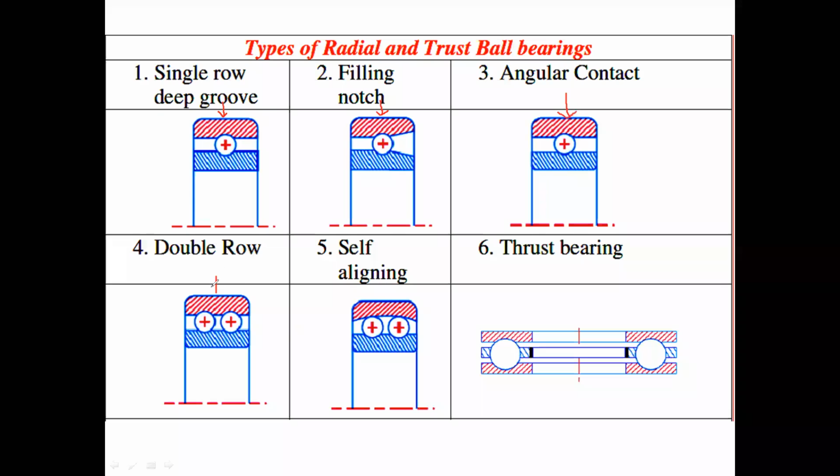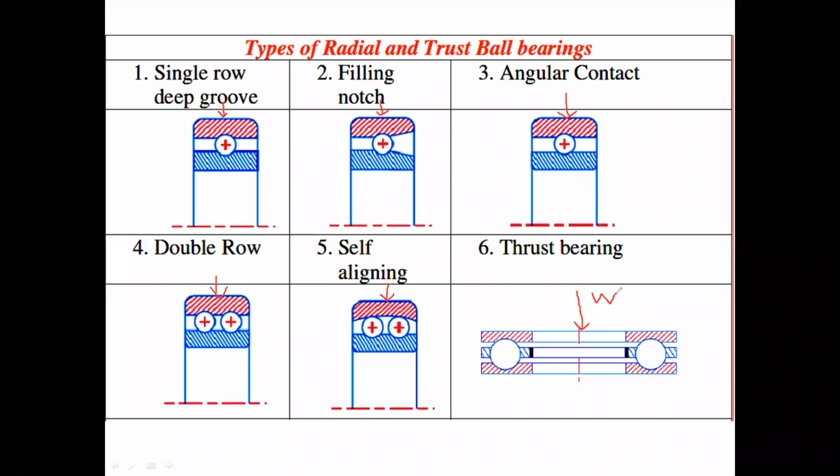So all these are radial bearings because the shaft axis is here and perpendicular to that there is a load. But in the thrust bearing, the shaft axis and the load axis have the same alignment. That's why it is called a thrust bearing. So these are the different types of ball bearings.